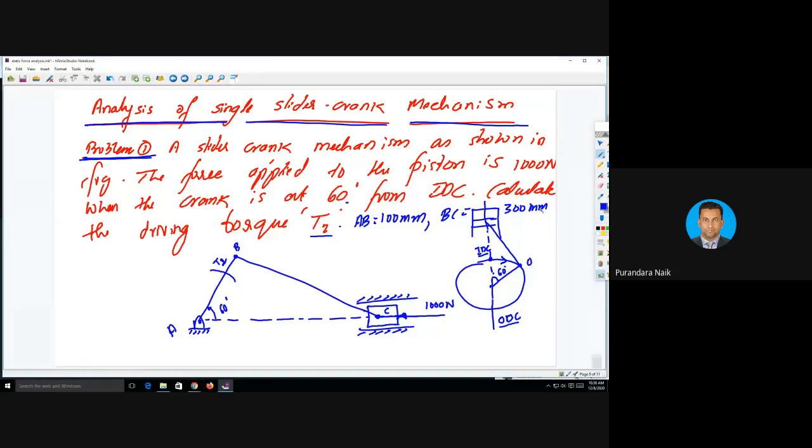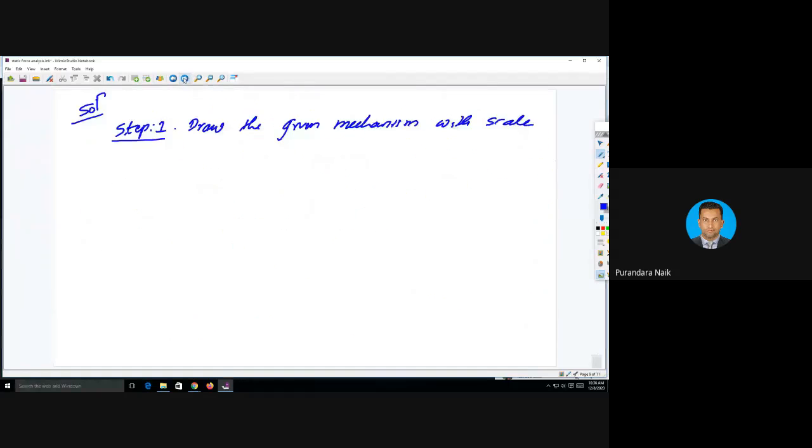So AB length is given, BC length is given, and the angle is given, that is 60 degree. Now you can draw the figure with actual scale. So how to draw this mechanism?